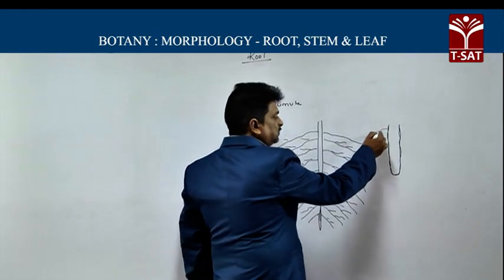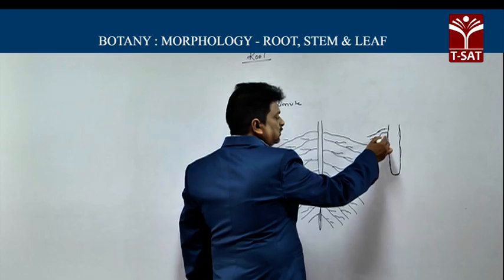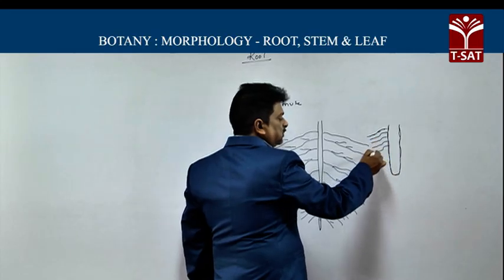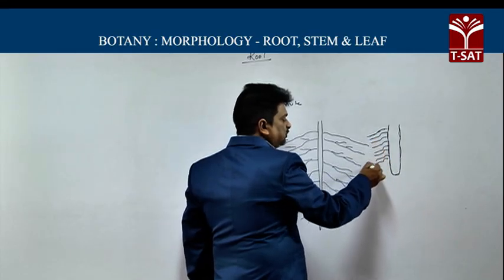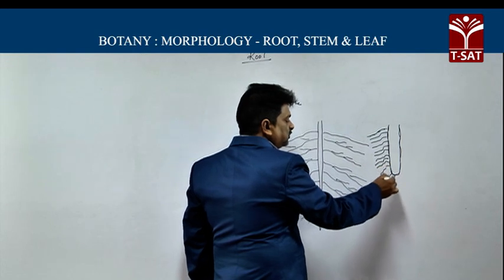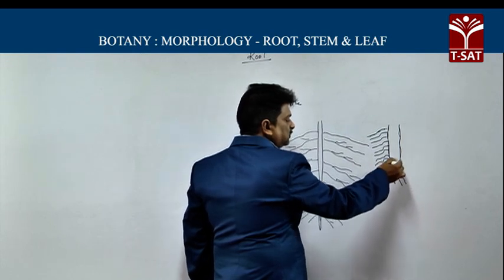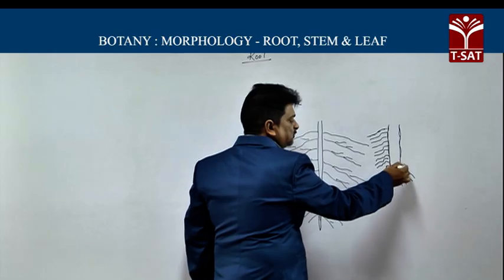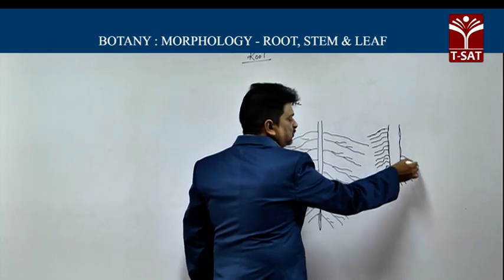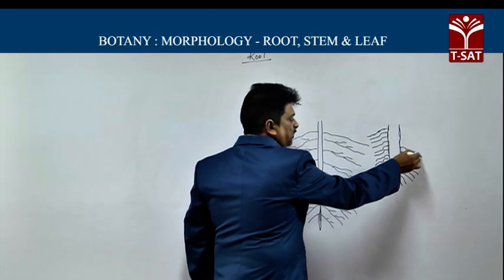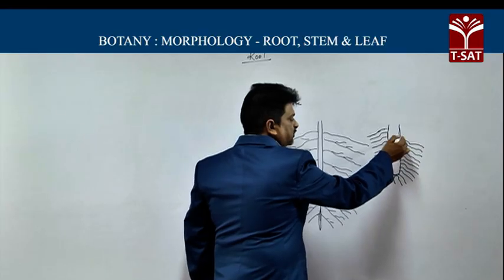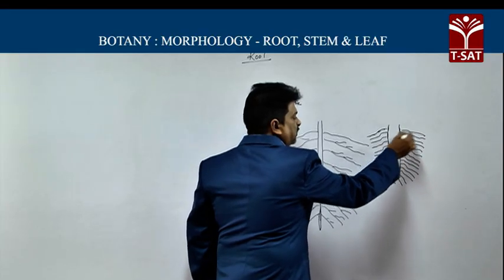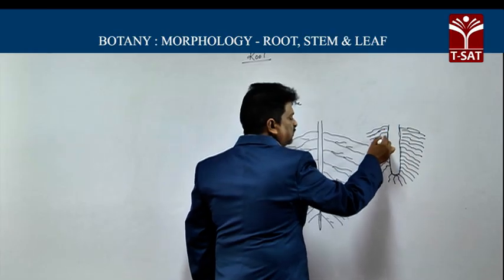Instead, many secondary roots are developed from the base of the stem, and all these roots are small like fibers, hence it is called a fibrous root system.